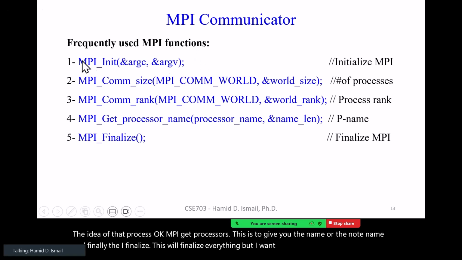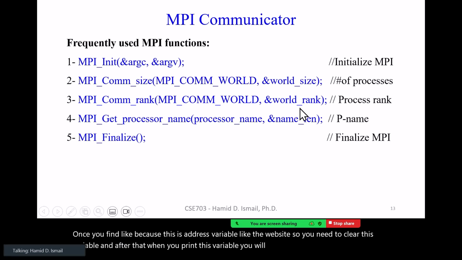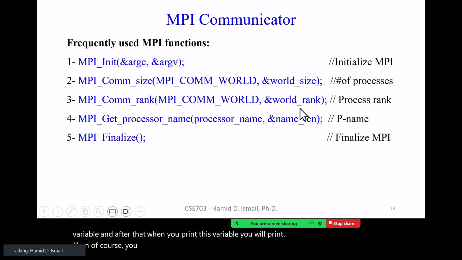You need to declare variables like world_size, because these are passed by address. After that, when you print these variables, we'll print these values.